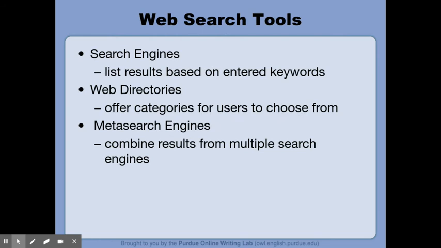Web search tools, so tools that you use whenever you want to conduct research online. There are search engines that list results based on entered keywords. There are web directories, often categories for users to choose from, and meta search engines combine results from multiple search engines.